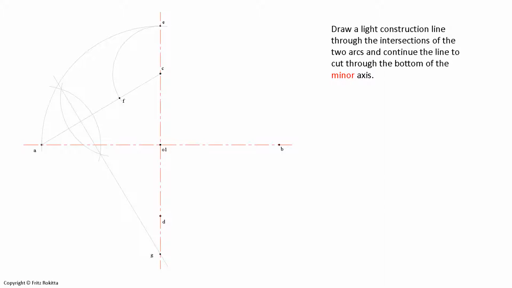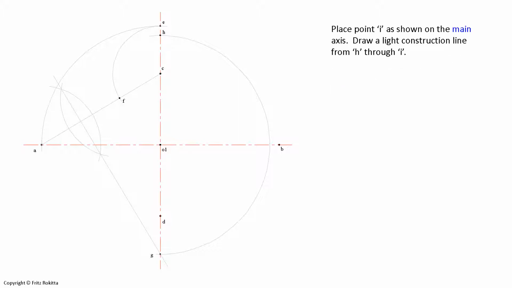We will now take our compass and place it at center point O1 and stretch it to point G that we created, and draw a light construction line from the bottom of the minor axis all the way around to the top of the y-axis or minor axis, and then we will label the point at the top where the arc intersects with the minor axis as point H. I draw your attention now to the diagonal line that cuts into the main axis, and we will now label that intersection of the diagonal line as point I on our main axis.